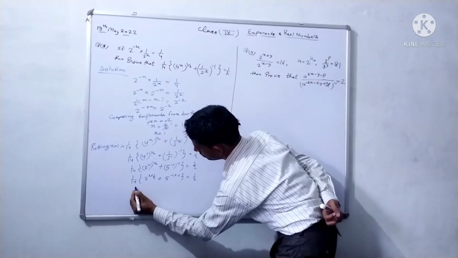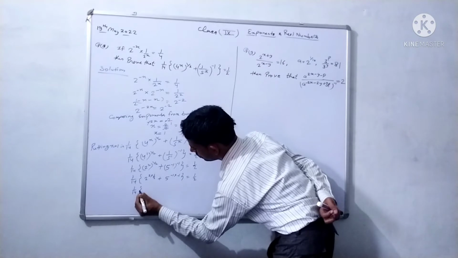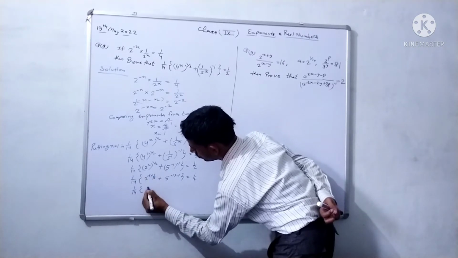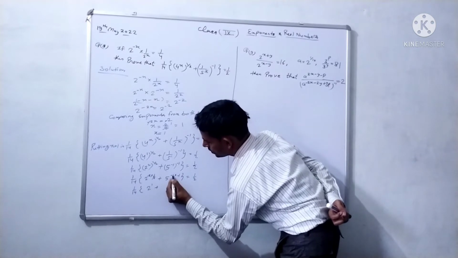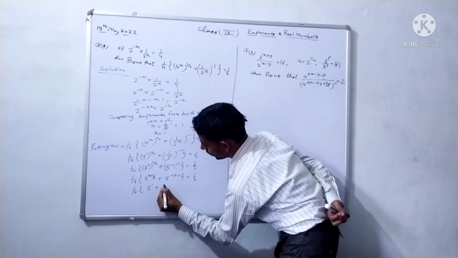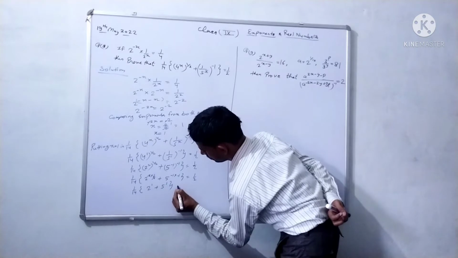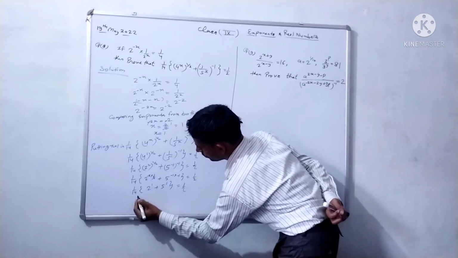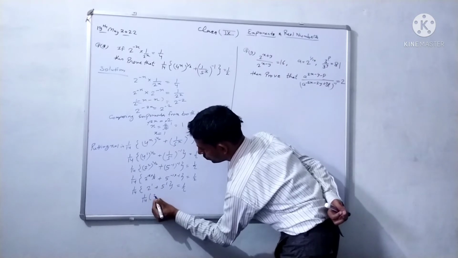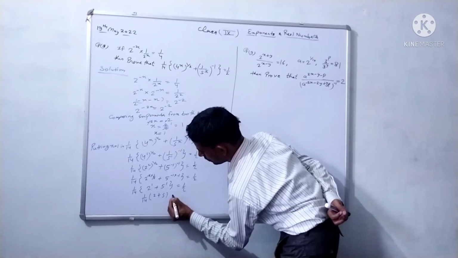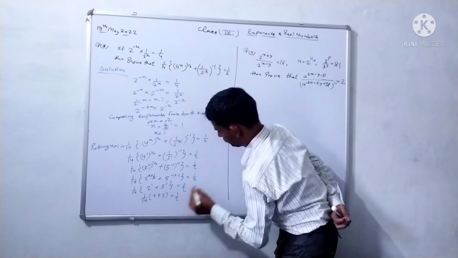We can write 1 upon 14 into 2 power 1 plus 5 power 1 equal 1 upon 2. Again we can write 1 upon 14 into 2 plus 5 equal 1 upon 2.